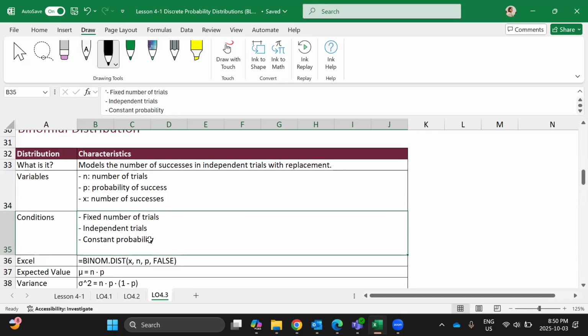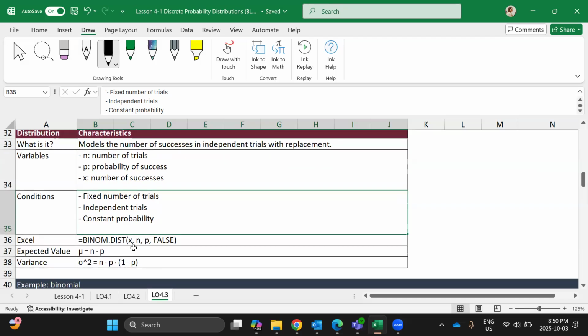So that means you know how many picks you're going to make. For each pick, you maintain a constant probability. That's kind of like rolling a die. You always have a constant probability of 1 in 6 chance for each side, and they're independent because they're with replacement. Remember, with replacement means you have independence.